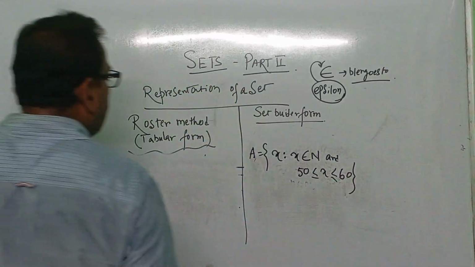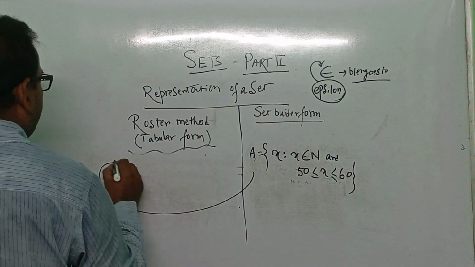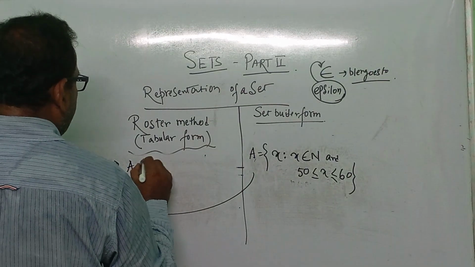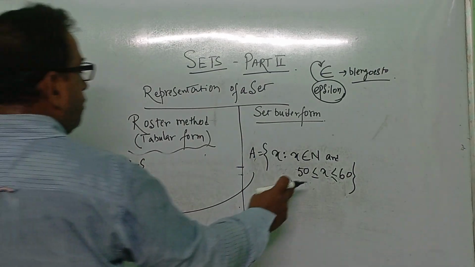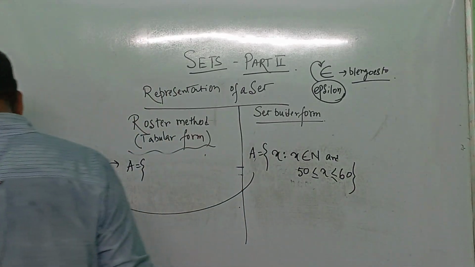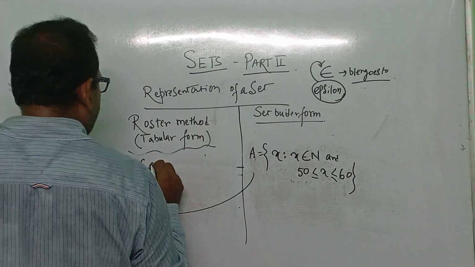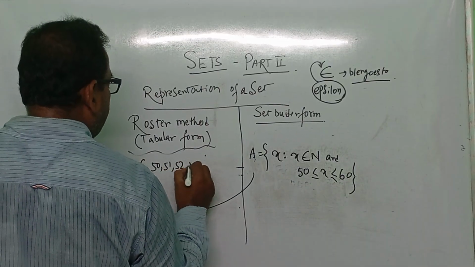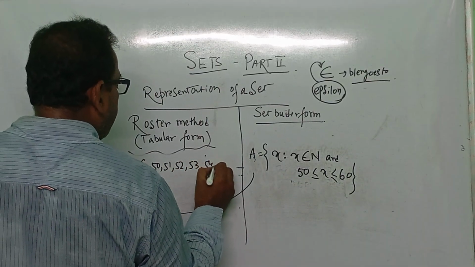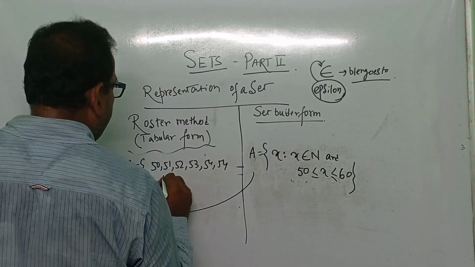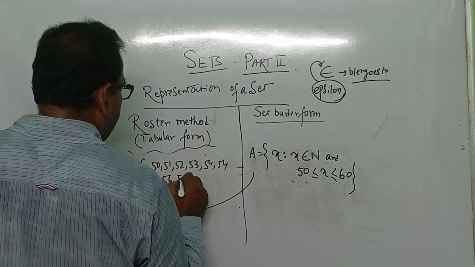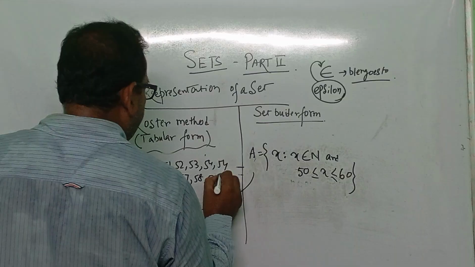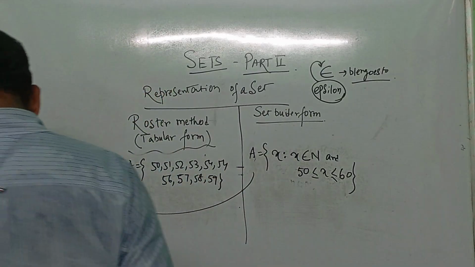This is given. Now how do we write it in roster form? A is a set whose first element is 50, so we start with 50: 50, 51, 52, 53, 54, 55, 56, 57, 58, 59.